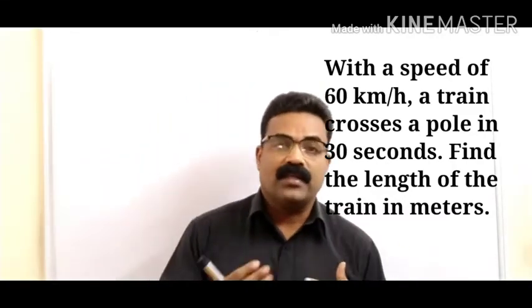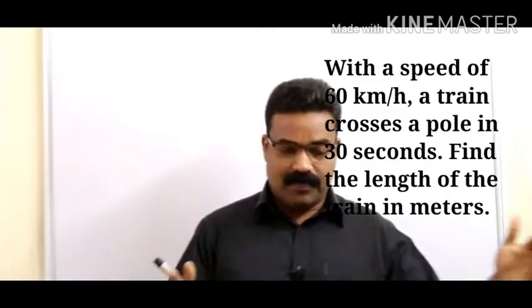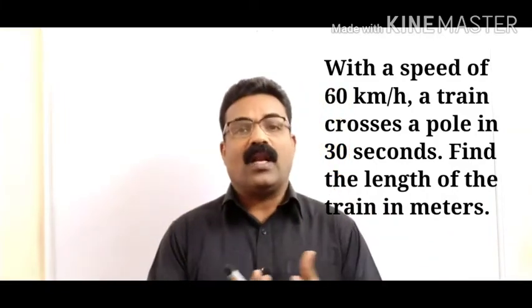These all are very important concepts based on questions based on train and speed, distance. Questions based on train, these concepts are very, very important. Whenever a train crosses a platform, then the total distance covered will be equal to the total length of the platform plus the total length of the train.